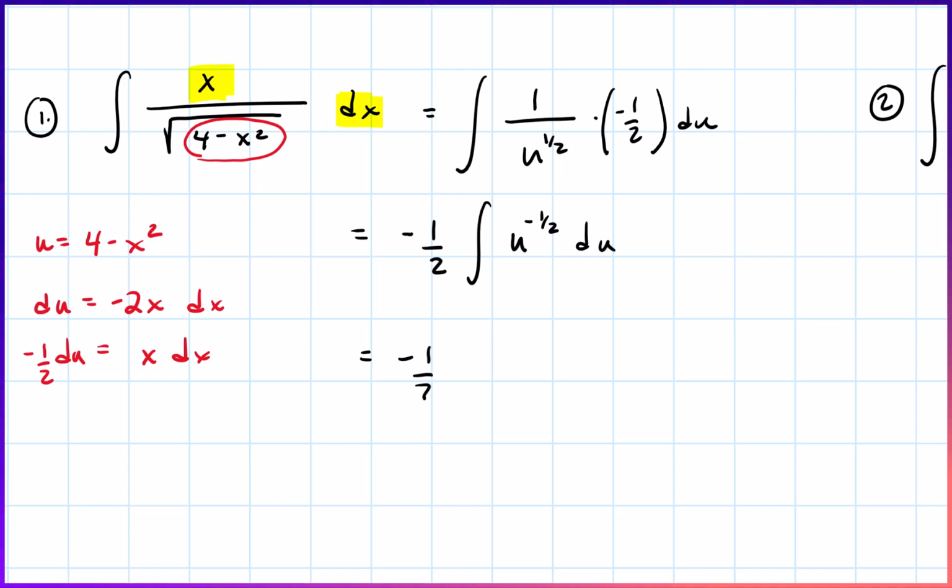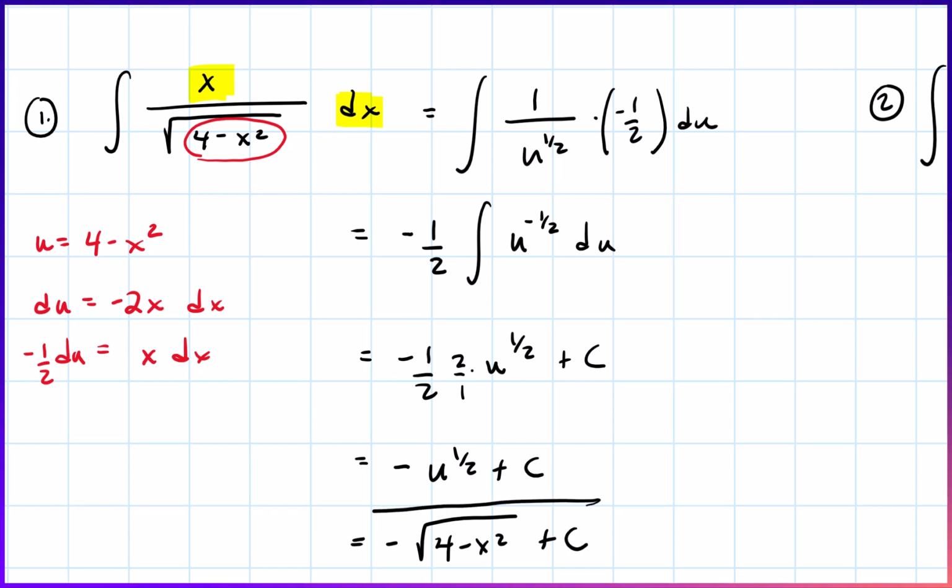When I integrate, I get u to the positive 1/2 divided by 1/2, but when we divide by 1/2, that's the same as multiplying by 2 over 1, plus an integration constant, and I end up with negative u to the 1/2 plus c. Plug my u back in, and that becomes the square root of 4 minus x squared plus c. And that is my integral.